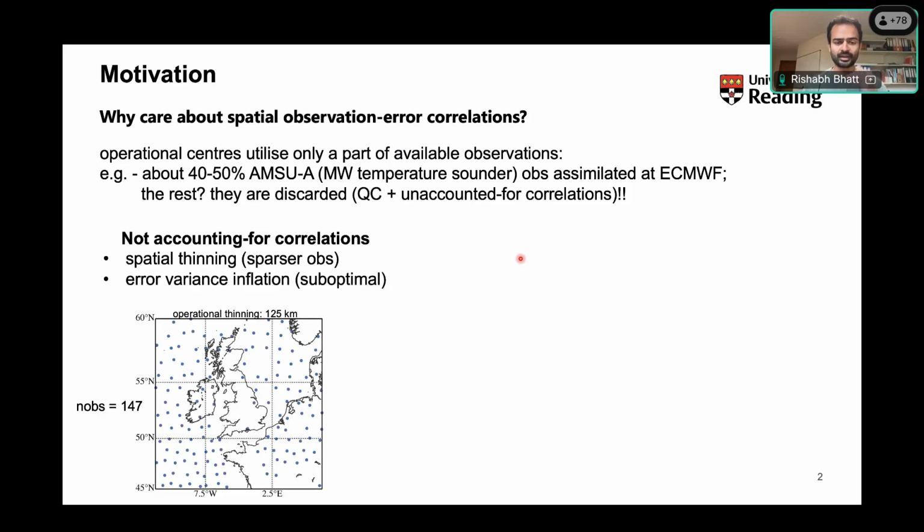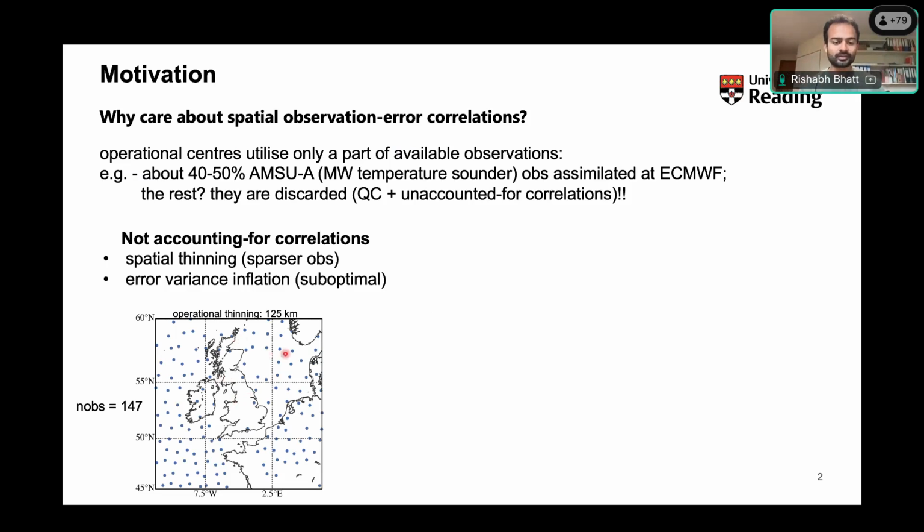On the left-hand side, you see the observation locations from an overpass of northwestern Europe for AMSU-A observations. When you don't account for observation error correlations, you have to apply some sort of spatial thinning. You have to take out observations, and in the end you just have a sparser sampling of them.